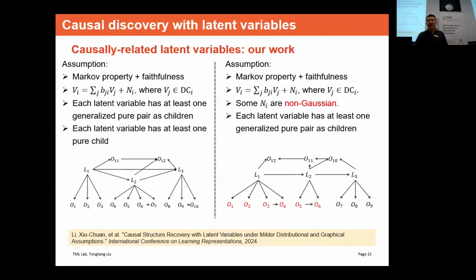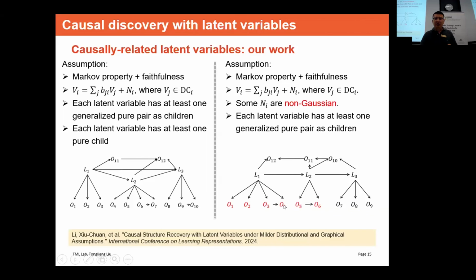For us, we propose a milder assumption. Rather than requiring pure children, we allow two children to be connected. For example, here O3 is a pure child if there is no edge between O3 and O4. But if there is an edge from O3 to O4, O3 is not a pure child anymore.